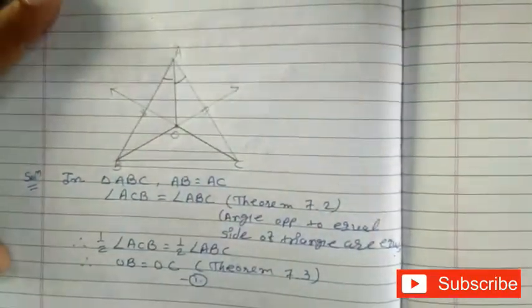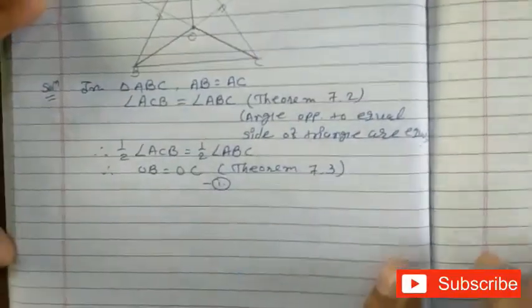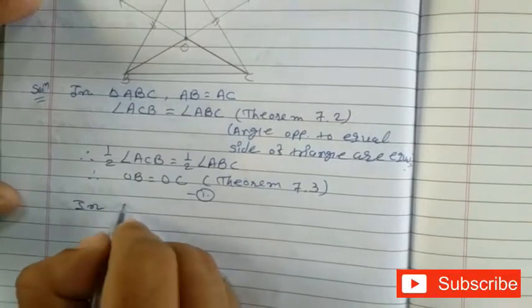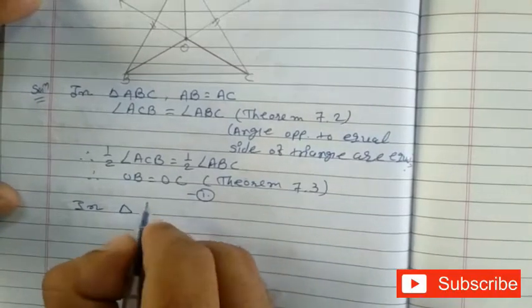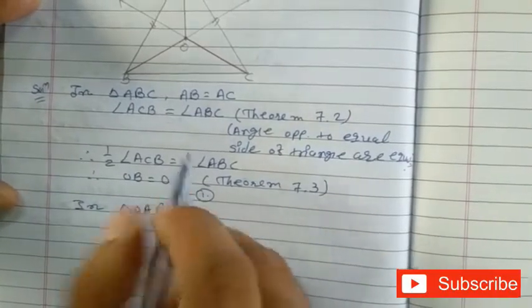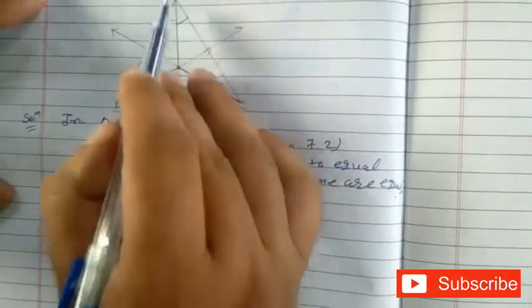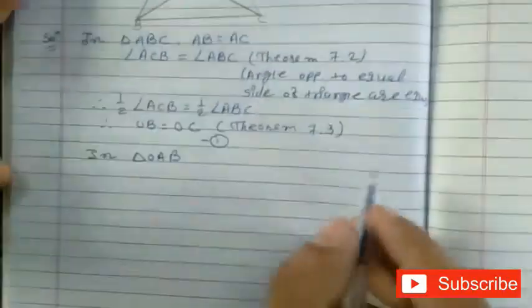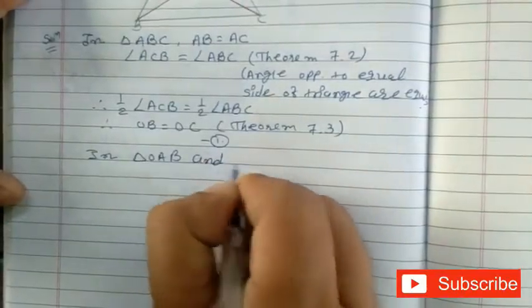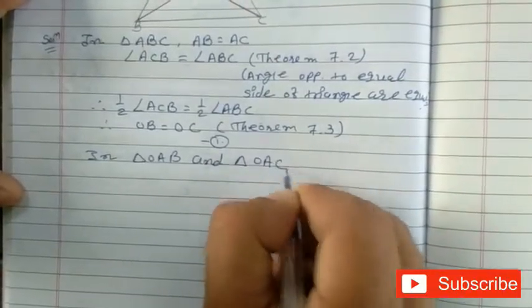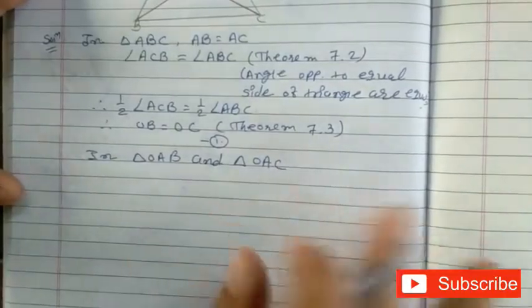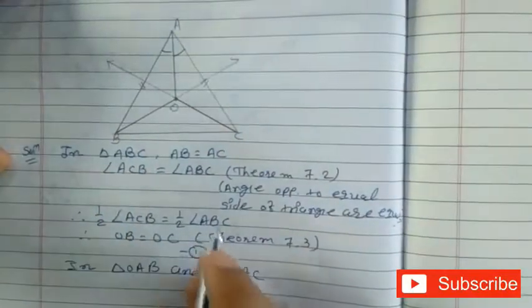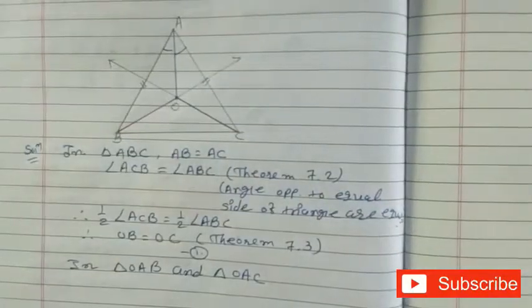So let us write, in triangle OAB and OAC, we can say that here OA is common. Am I right? One minute.